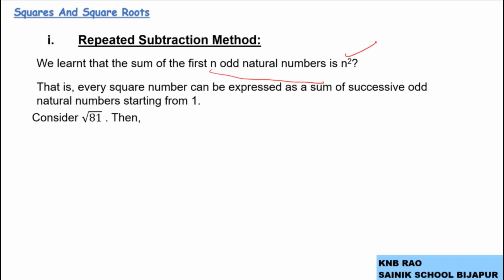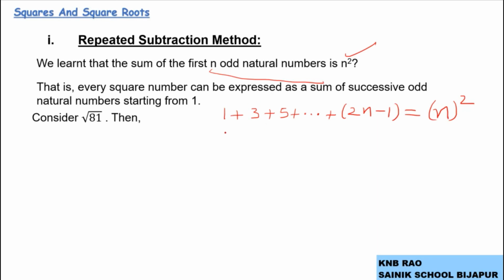We learned this: 1 plus 3 plus 5, and so on till the (2n minus 1)th odd number, is equal to n square. You have learnt this as a property of squares of numbers.